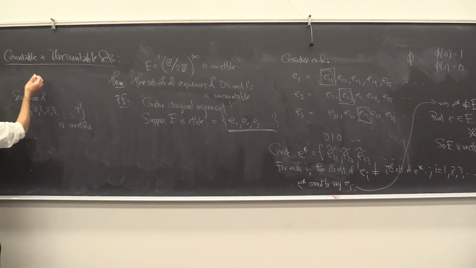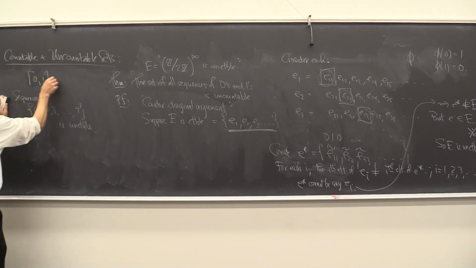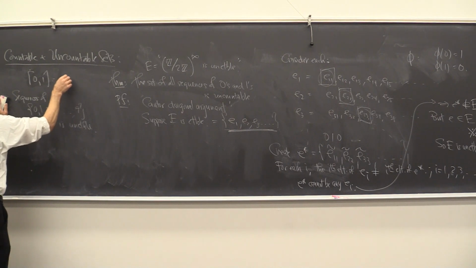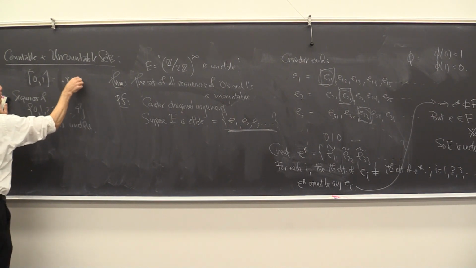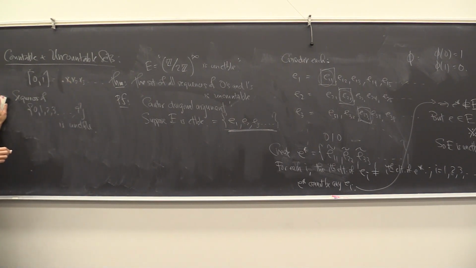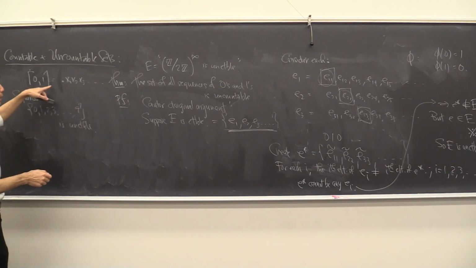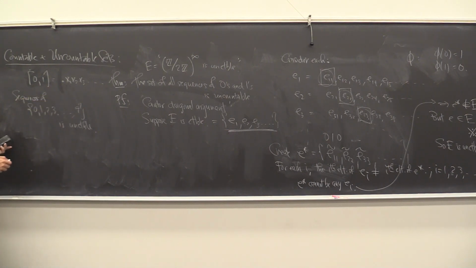So let's look at all the numbers in the unit interval 0, 1. Everyone in there is expressible as a decimal, x1, x2, x3, something like that. To show that that's uncountable, you'd say, suppose it is countable. We can do exactly the same thing.